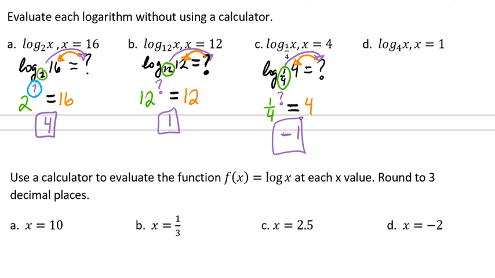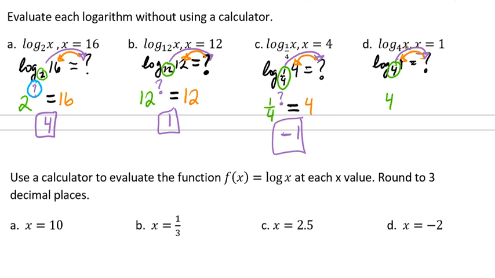Go ahead and try letter D on your own. So push pause, and then when you're done, push play, and let's see if you were right. Here we have the log base 4 of x, where x equals 1. So we're going to rewrite that as the log base 4 of 1, and we want to know what that equals. We find our base because it's all about that base, so we've got our base of 4, then we go to the window, and then back to the wall.